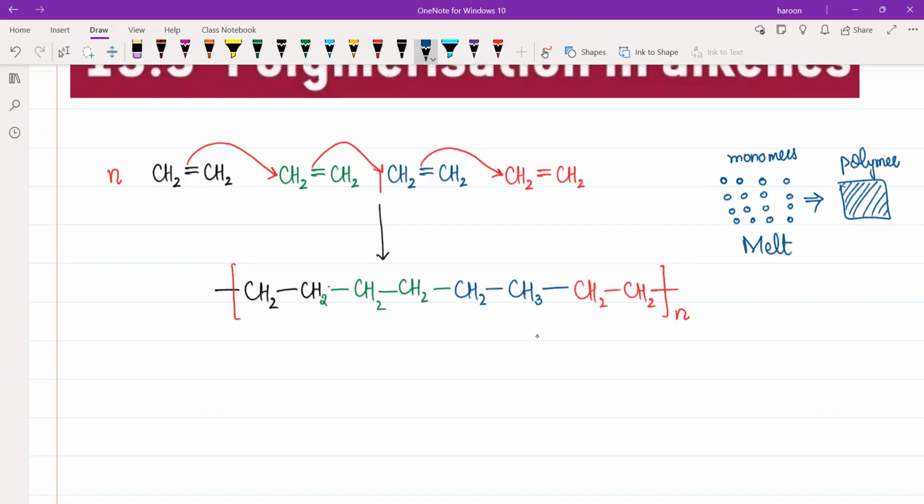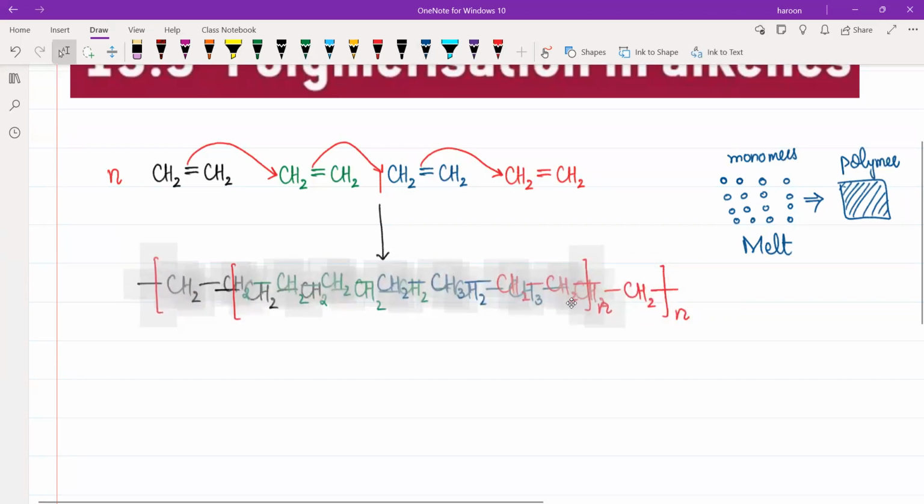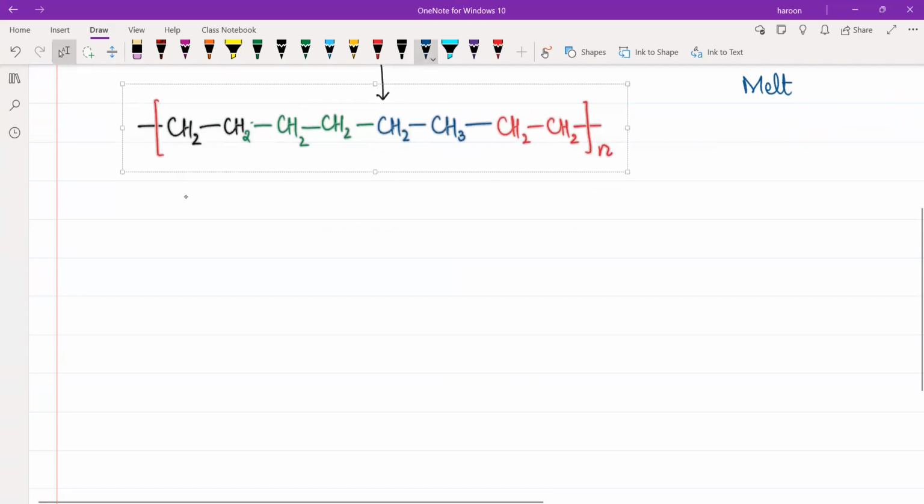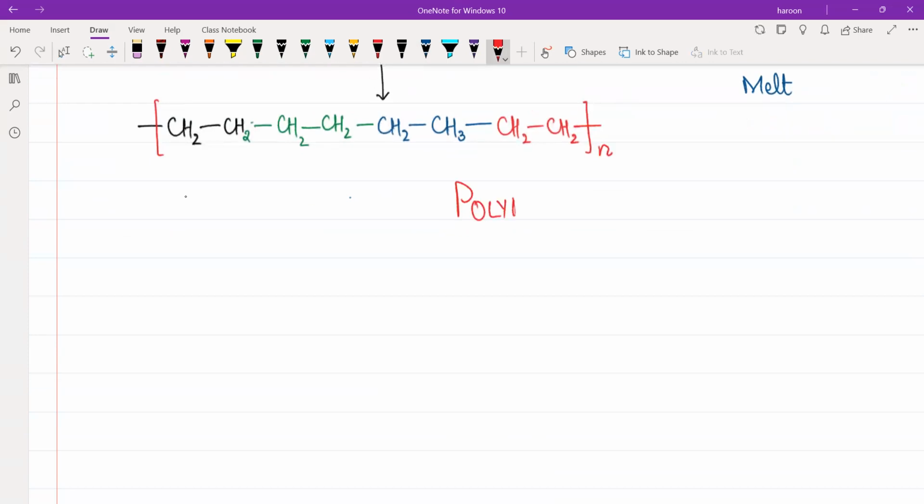Okay, so now let's go into more detail. When we talk about the general types of polymers, there are two basic types of polymers. Can you tell me what are the two types?